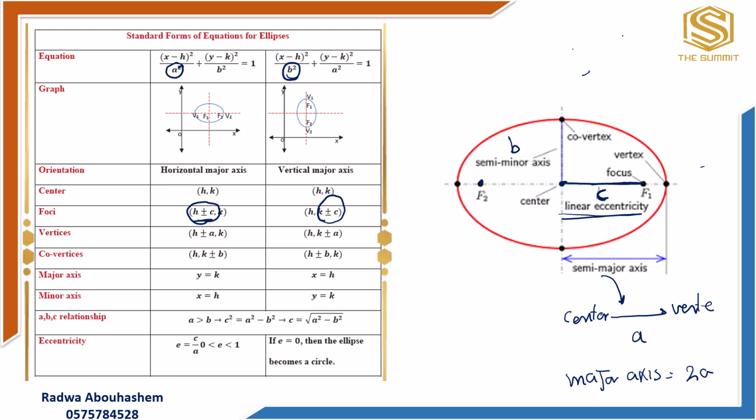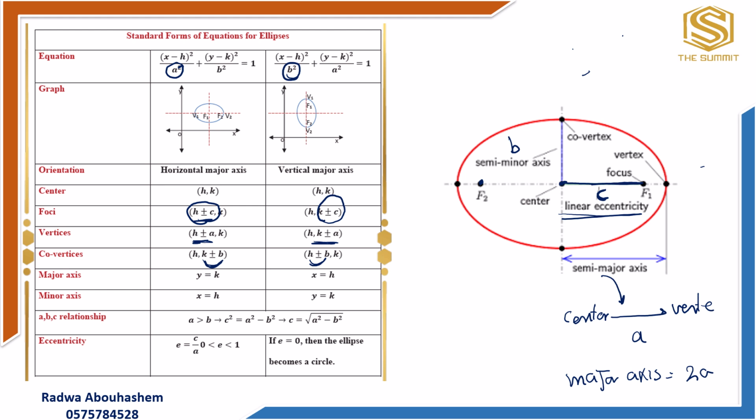You remember? Okay, now the vertices, if it's horizontal, you're going to add or subtract a to the h. And if it's vertical, you're going to add or subtract a to the k. Now for co-vertices, it's b. If it's horizontal, you add to the k, and if it's vertical, you add to the h, positive or minus b.